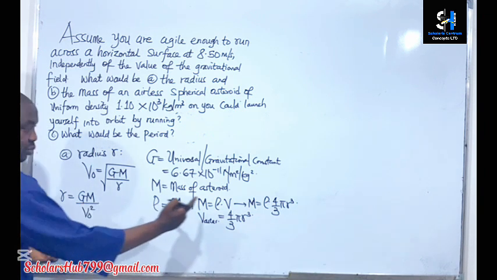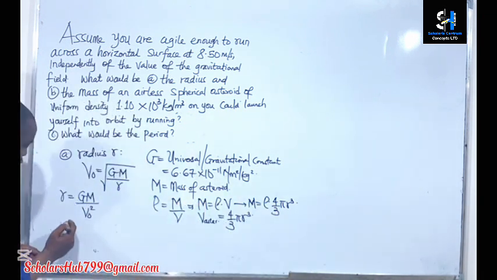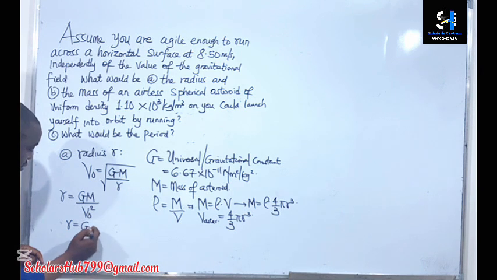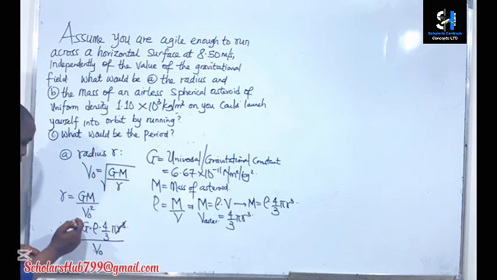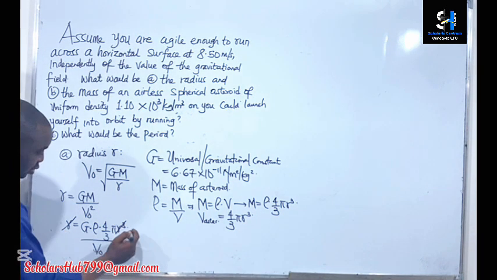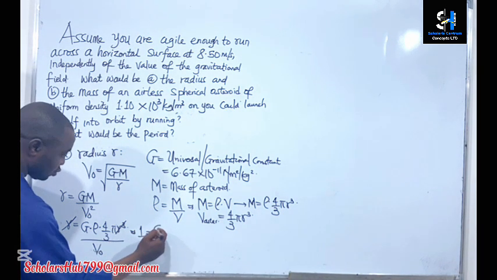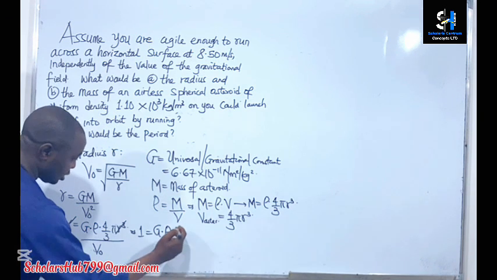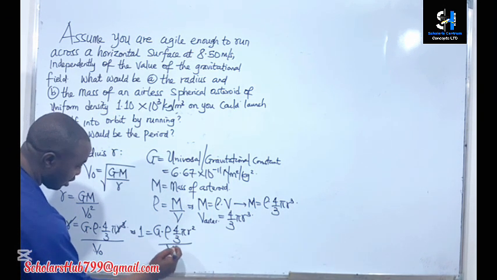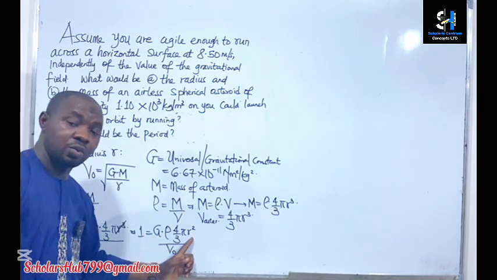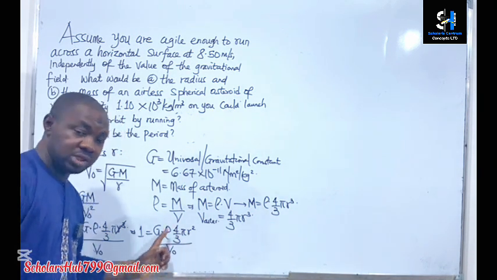By the time we substitute for M, we write r equals G multiplied by density multiplied by 4 over 3 pi r cubed, divided by v naught squared. Dividing both sides by r, we have 1 equals G multiplied by density times 4 over 3 pi r squared over v naught squared. Now let's not forget that we want to express r in terms of the other quantities.